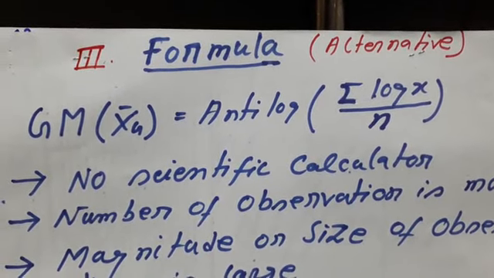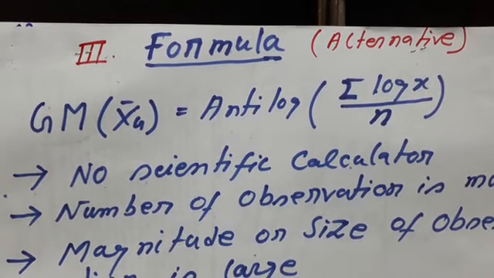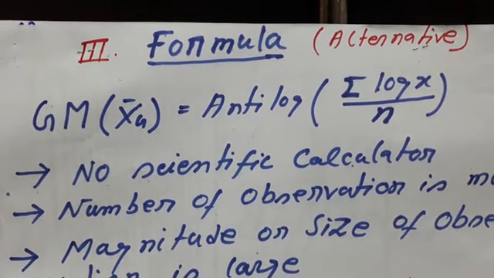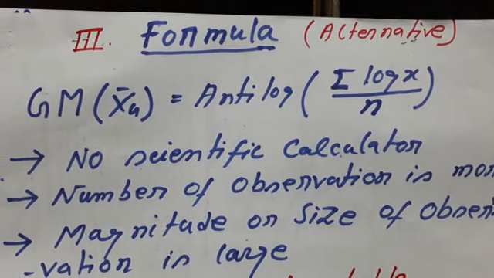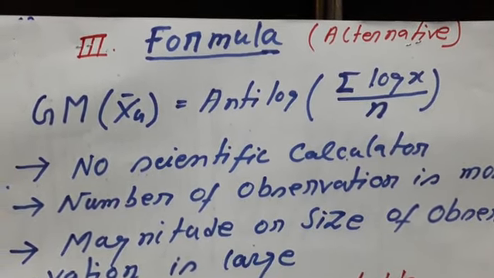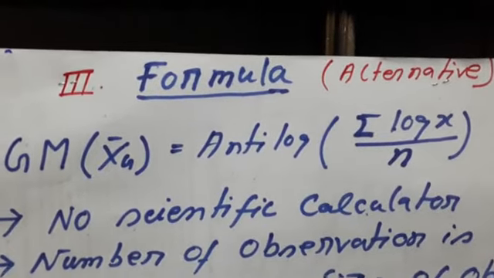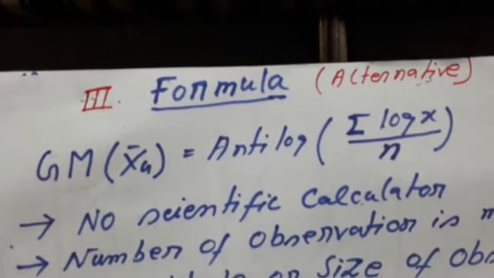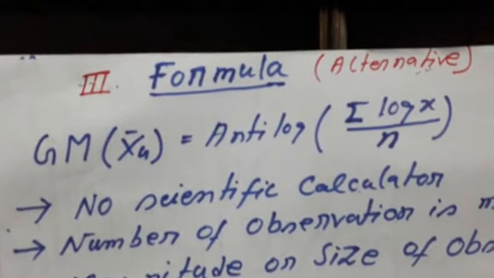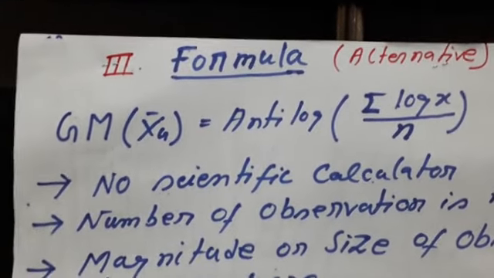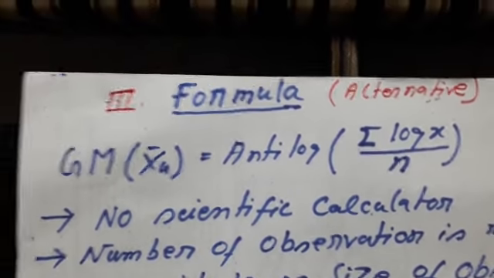can be applied when the scientific calculator or any other electronic gadgets are not allowed, or in the case where the number of observations, suppose x1, x2, x3, x4, is large, and also the size of the observations is high.